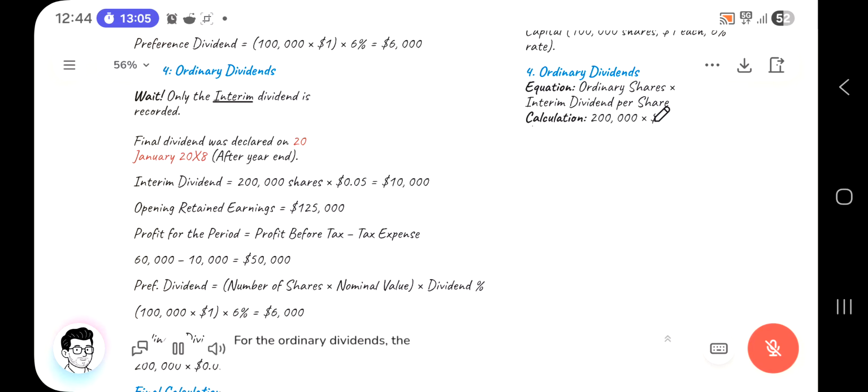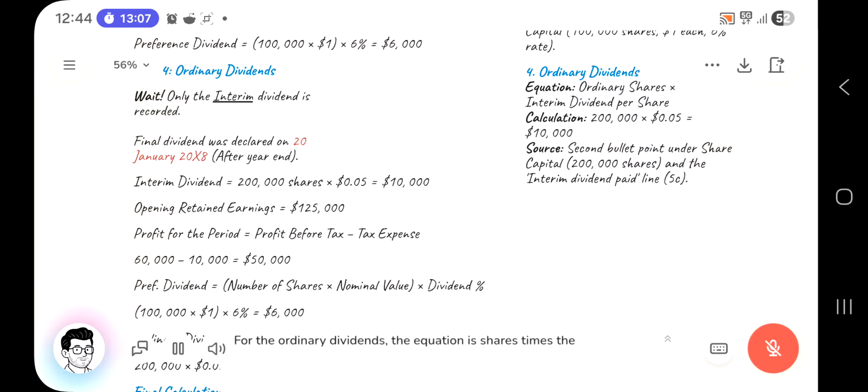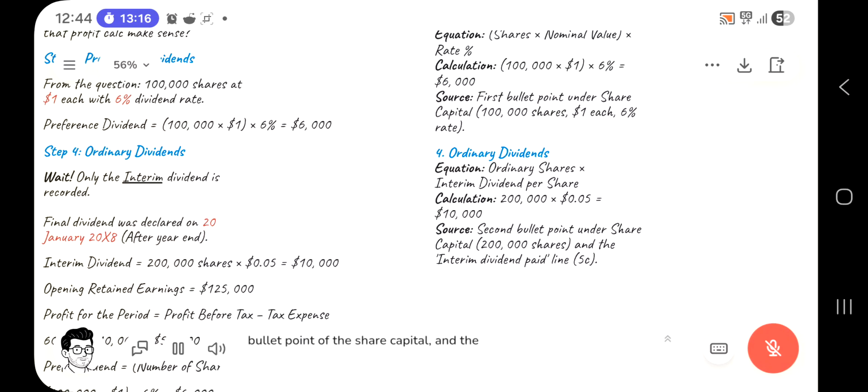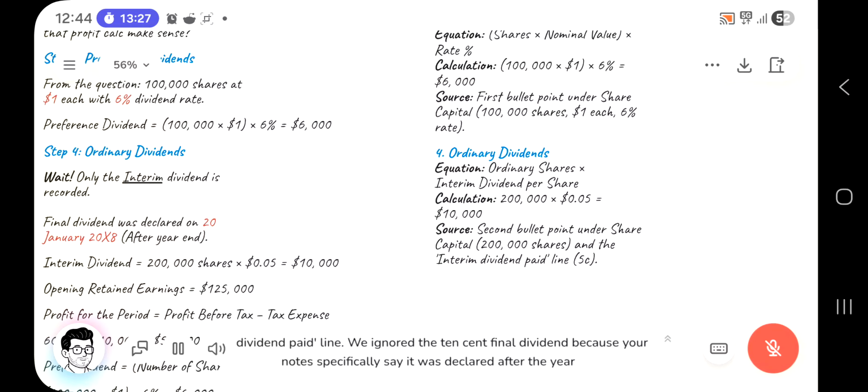For the ordinary dividends, the equation is shares times the dividend per share. We pulled the 200,000 shares from the second bullet point of the share capital and the 5 cents from the interim dividend paid line. We ignored the 10-cent final dividend because your notes specifically say it was declared after the year end.